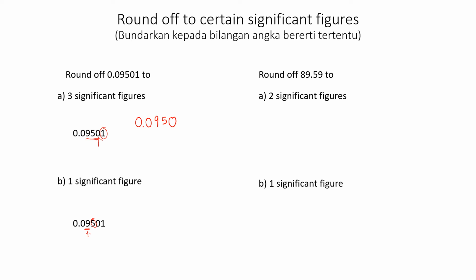Since this is 5, and numbers 5 to 9 you have to round up, add 1. When you add 1 to 9, it becomes 10, so the 1 will be here. That will be 0.1. This is the one significant figure.